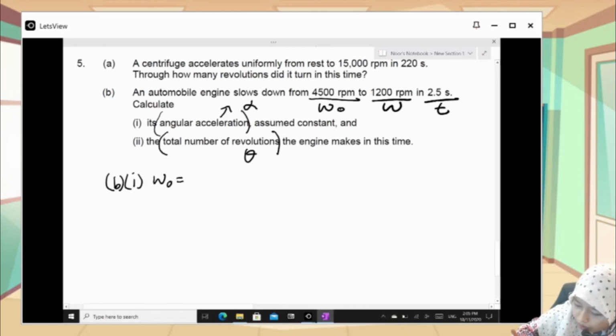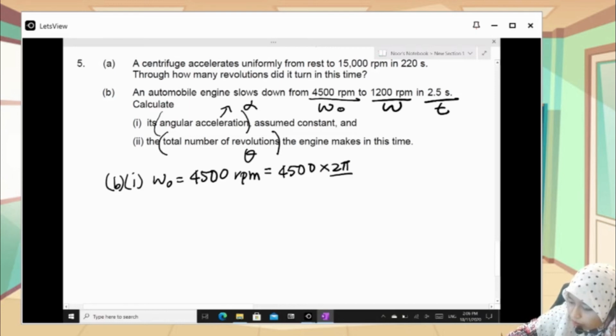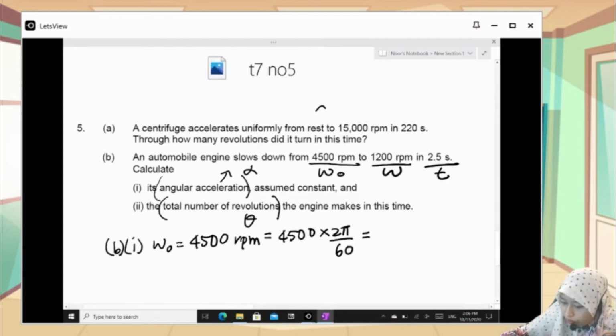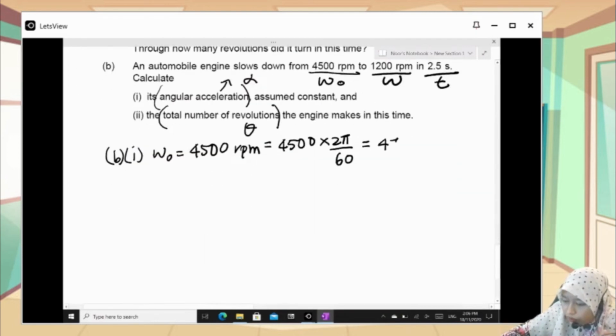Omega naught is 4,500 rpm. Change it to radian, times by 2 pi over 60. Then we will get 471.23 radian per second.